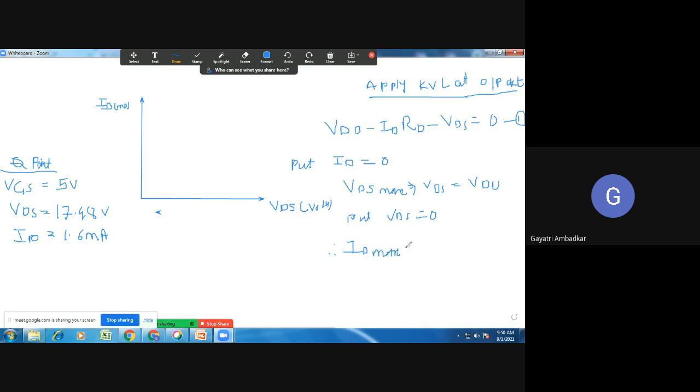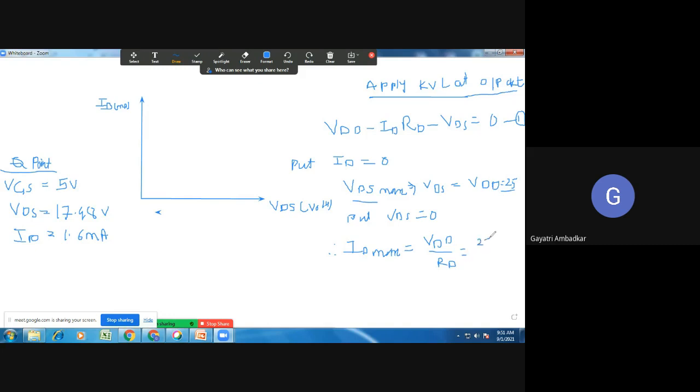So ID max is equal to VDD upon RD. VDS max is equal to VDD, and VDD is 25 volt. So the maximum value of VDS is 25 volt, and ID max, please find it out.